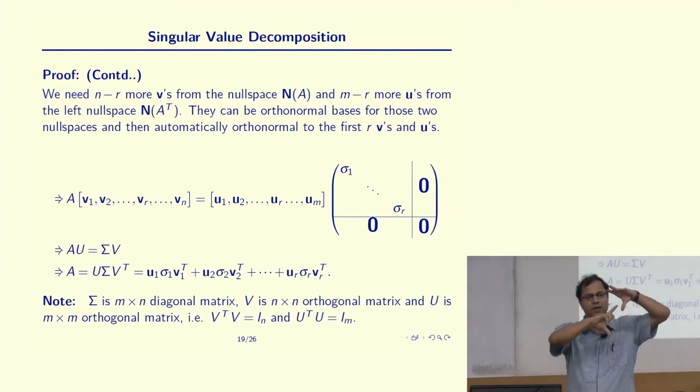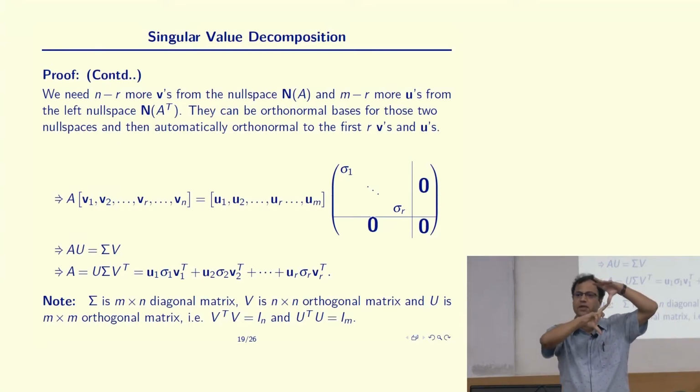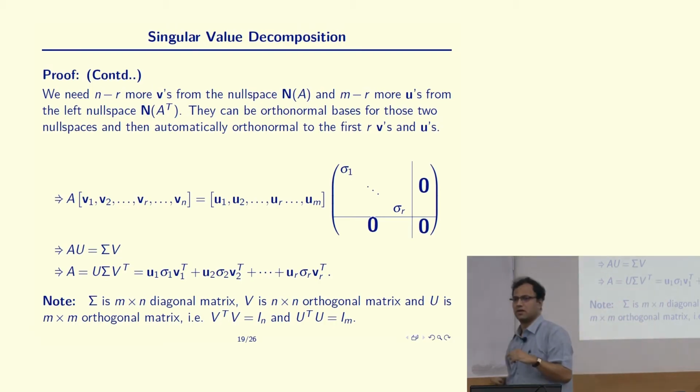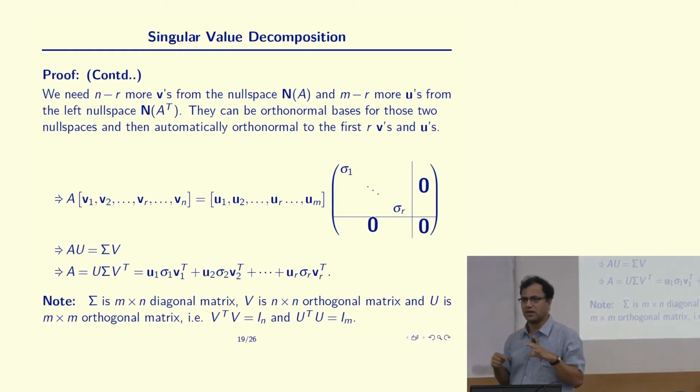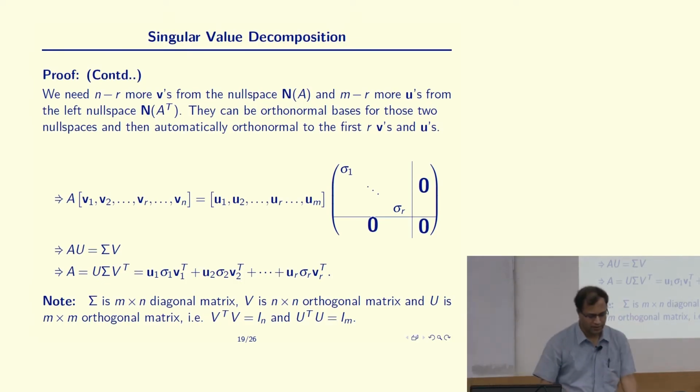For the null space of the matrix A, we can directly choose V(r+1) to Vn, because they are already an orthonormal set of vectors, and they will be a basis of the null space of A, because they map to the zero vector in Rm.